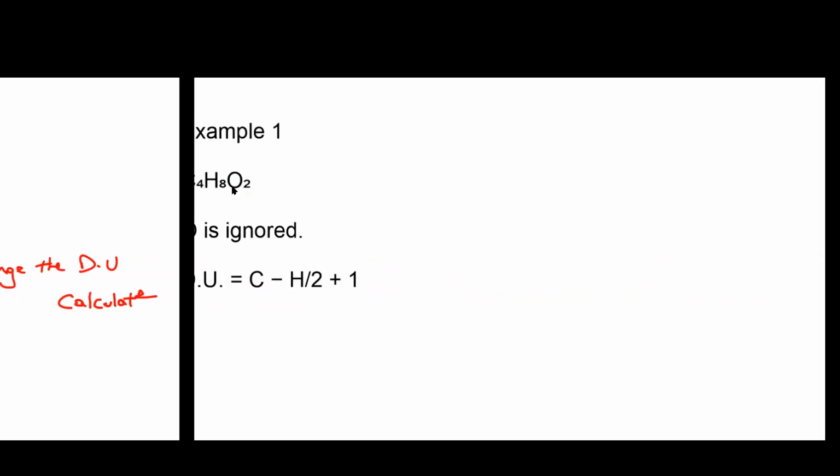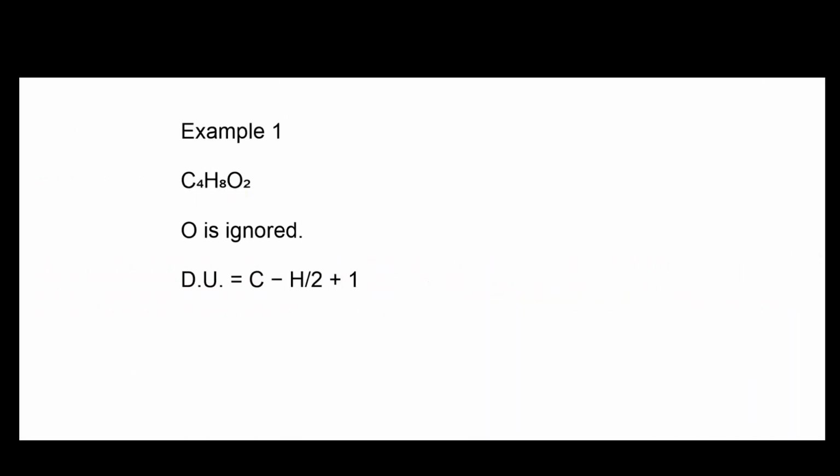Let's look at some examples. For C₄H₆O₂, oxygen is inert. DU equals 4 carbon minus 6 hydrogen over 2 plus 1. That gives 4 minus 3 plus 1 equals 2. So this molecule has rings and pi bonds totalling 2.